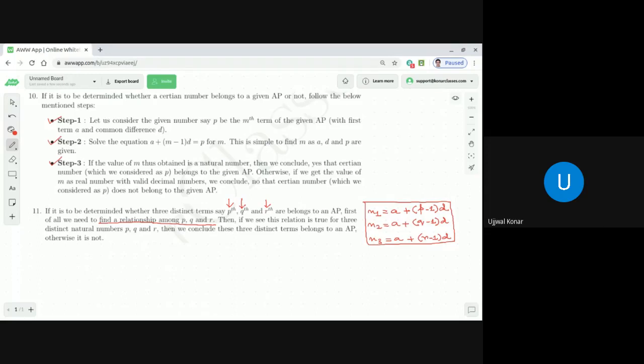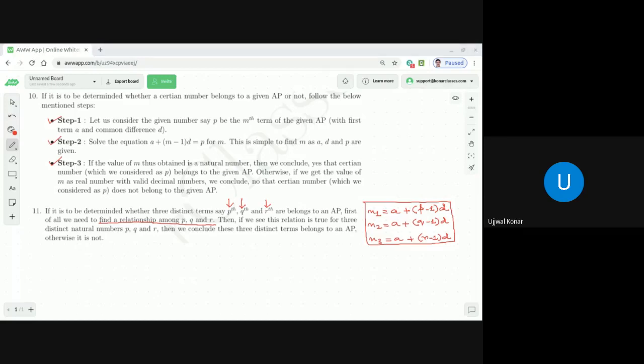Then it is not possible. So P, Q, and R have to be distinct. Then we can say, yes, it is correct: these three distinct terms belong to an AP. This is one point I wanted to discuss with you.